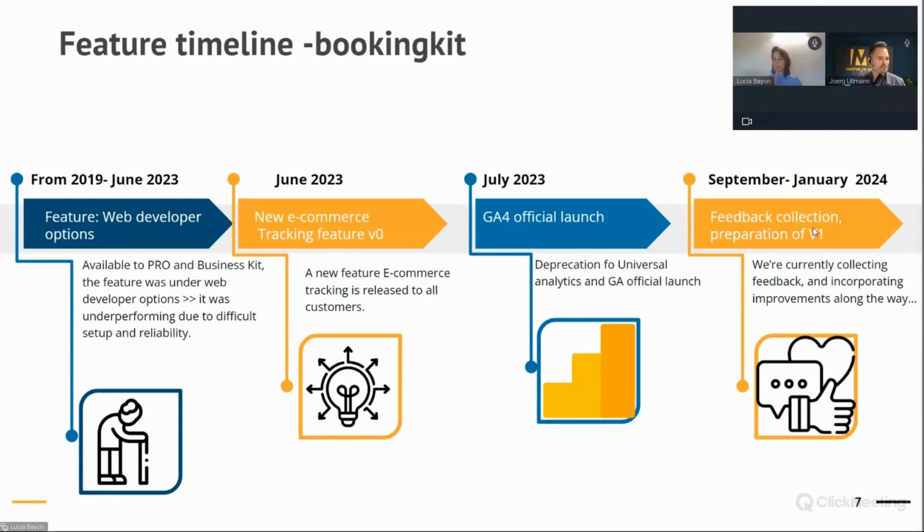Now we are in August, and what we want is that everyone is using this new feature, gives us feedback, and our plan is to incorporate improvements along the way in the coming months. So this is at the moment the status quo of e-commerce tracking at Bookingkit.